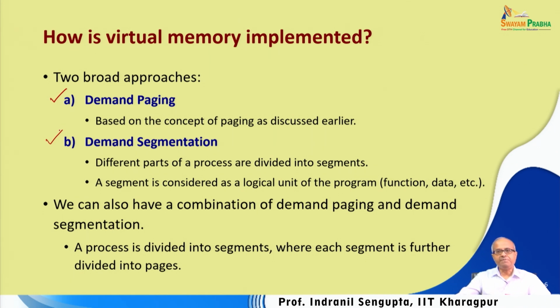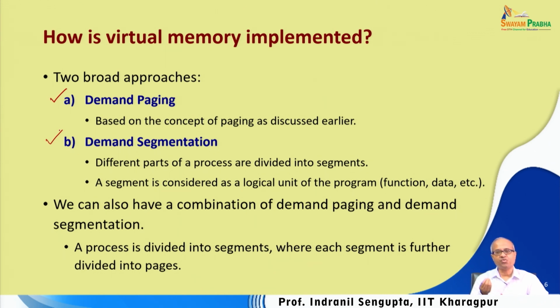Now, in demand paging, as the name implies, the word paging is there. So, this method is based on the paging memory management scheme which we already discussed, but there is another word we have added, demand. Earlier we said that all pages of a process need to be loaded into physical memory, but now we are saying no, we will be loading the pages on demand.